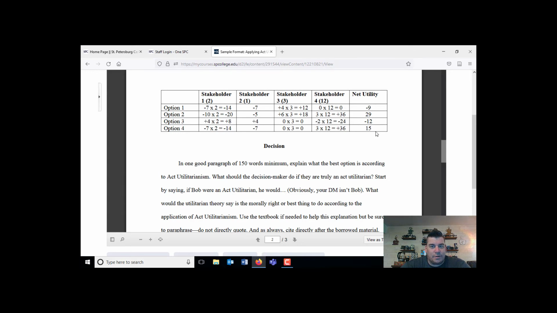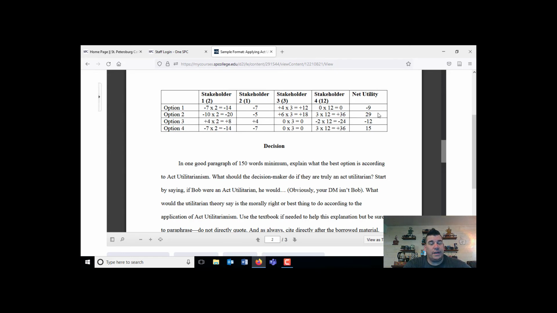Once you have these numbers calculated, an ACT utilitarian is going to pick the option that has the highest value, highest net utility, highest positive number, 29. So whatever that comes out to be, whether you like that option or not personally, the ACT utilitarian option is the option that produces the highest net utility, because that's the greatest amount of good for the most amount of people involved in the scenario, okay?